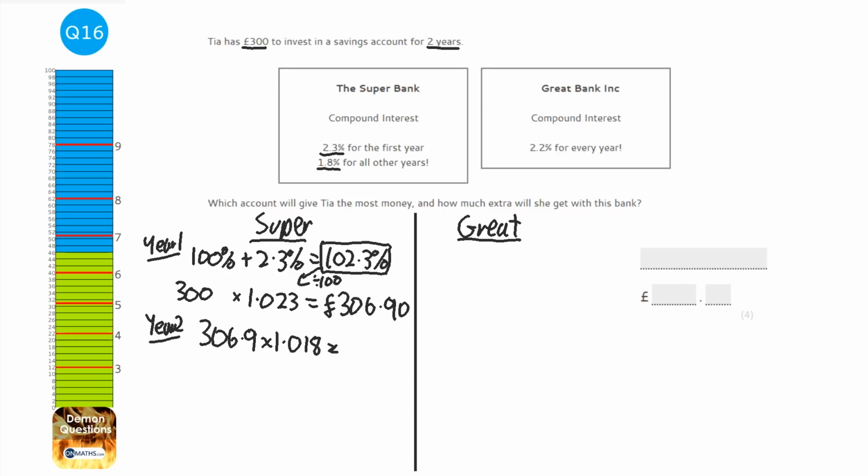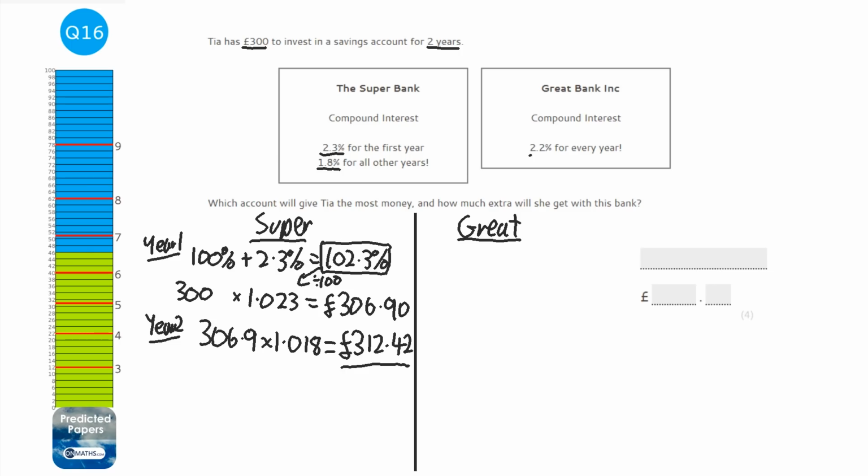So 306.90 times 1.018, and that says it's £312.42, and I'm going to round it to the nearest penny. Okay, so that is Superbank. That's how much we'd get.